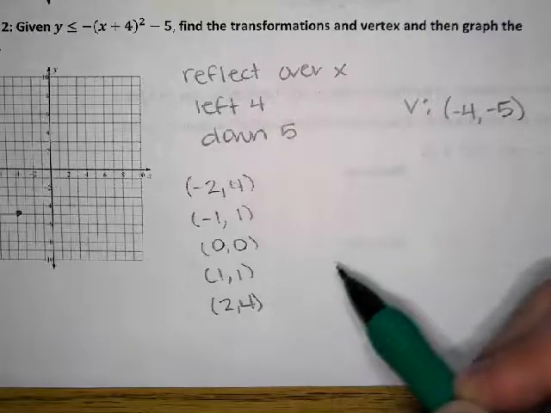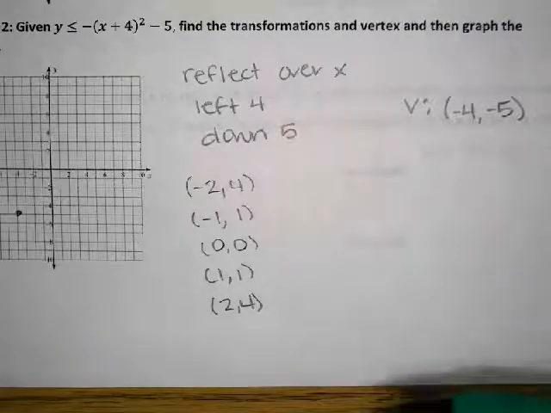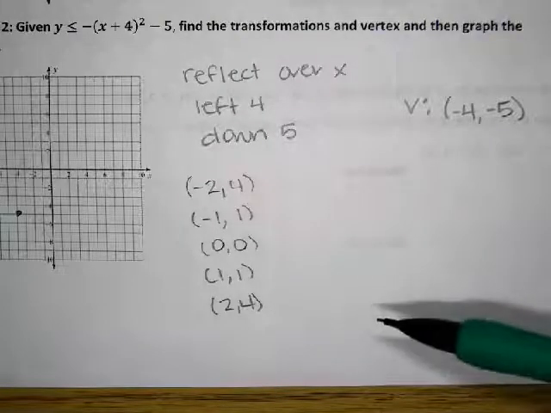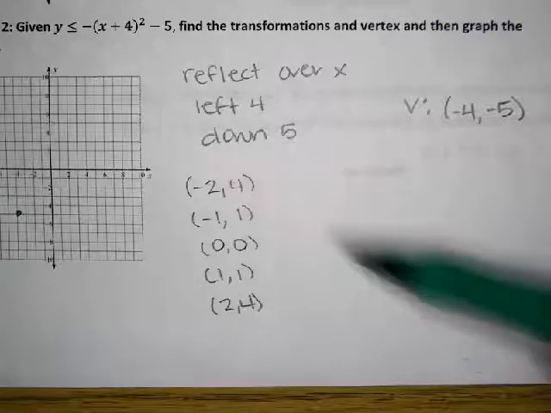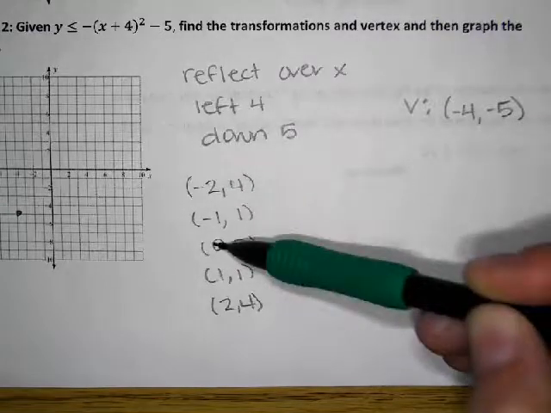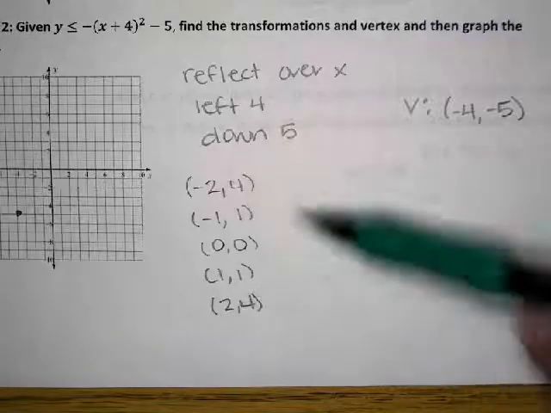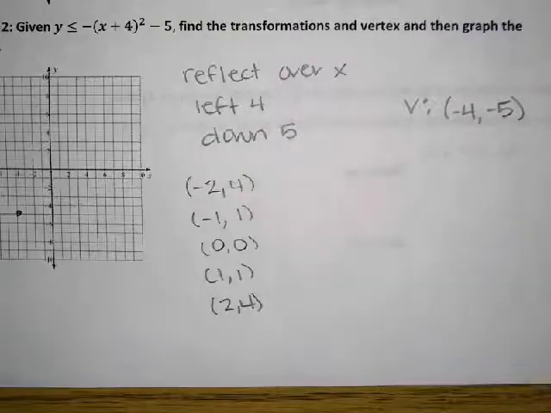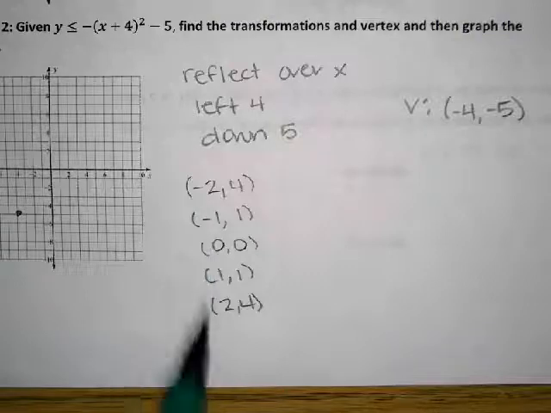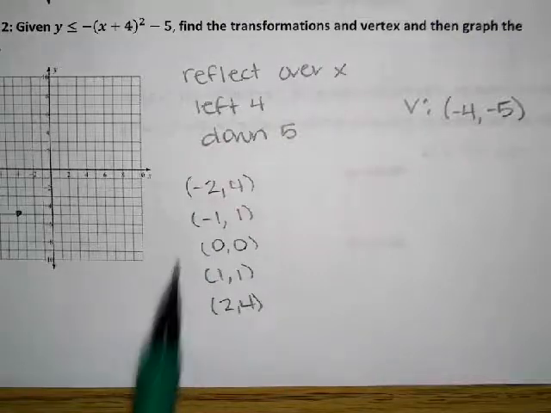If you forget the points, you can just take the parent function, which is just y equals x squared, and plug -2, -1, 0, 1, and 2 into y equals x squared, and it will just give you these points. Same thing for the absolute value function. If you forget the points, you can take the parent function, y equals the absolute value of x, just the most simple version, and plug in -2 to 2, and it will give you the points to work with.